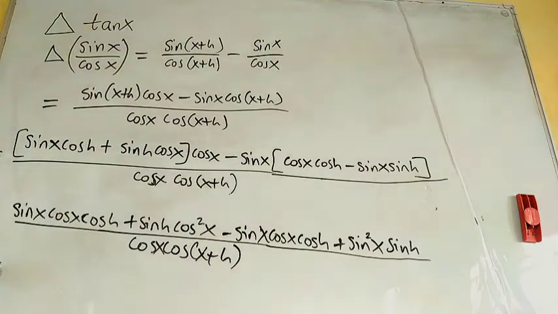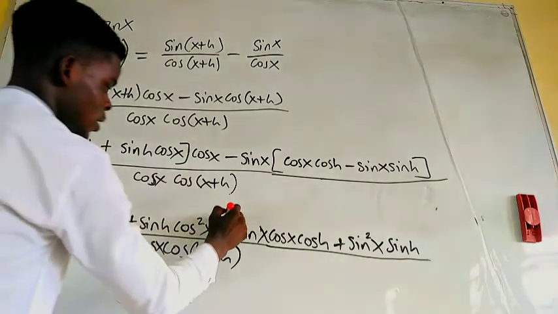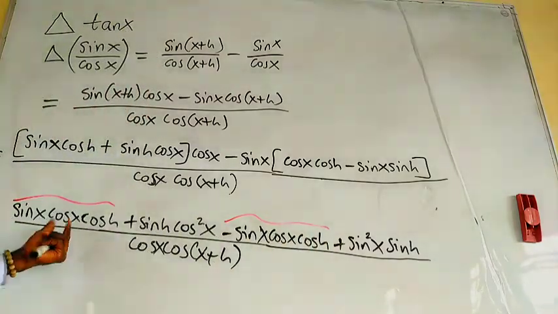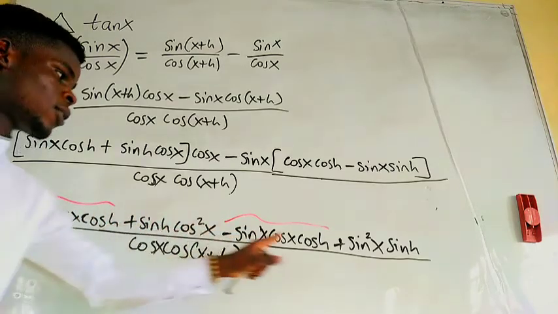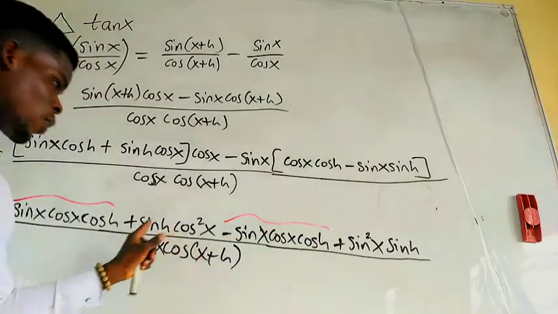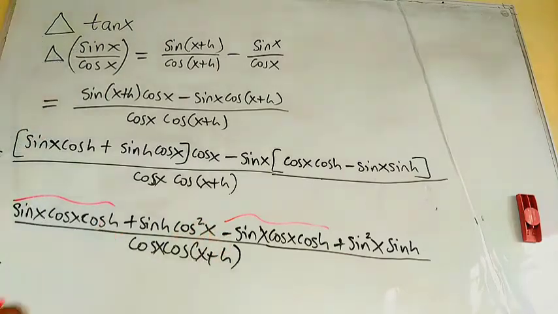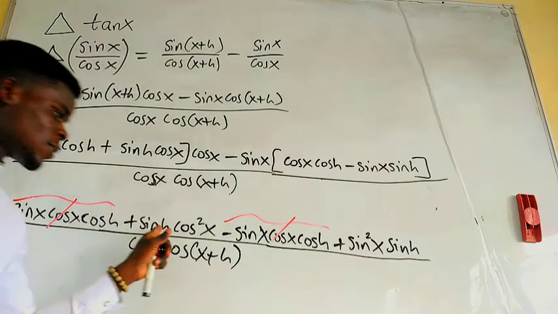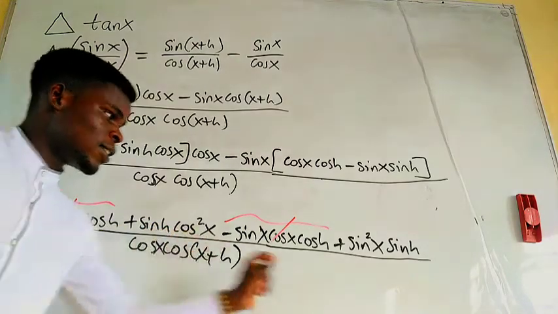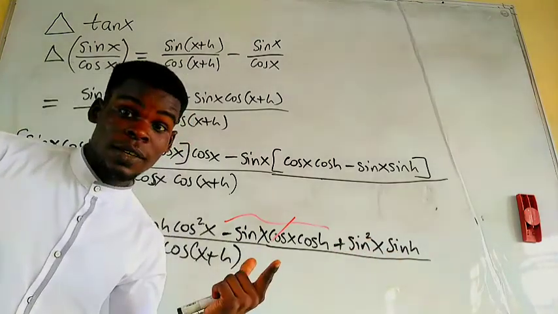Now, in the numerator, I want you to see that this and this are equal in magnitude: sine, sine, cosine, cosine, and cosine h, cosine h. Since they are equal in magnitude and opposite in sign, they will get to 0. And on this other end, we have sine h here and sine h here, so we can factor that, right?